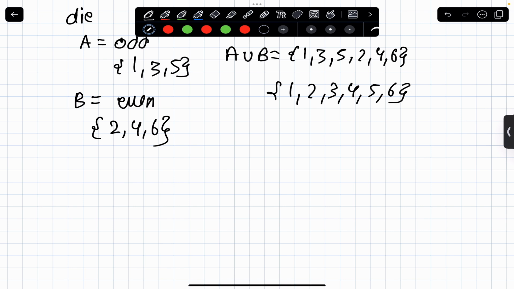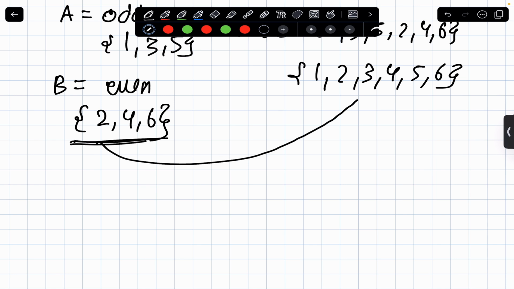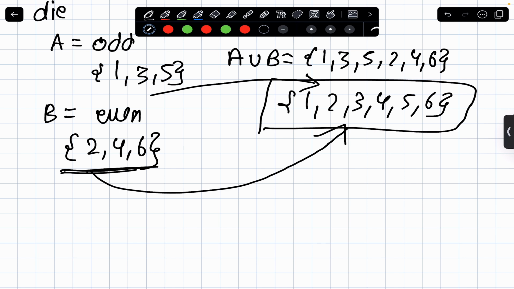If you see very precisely, this comes in it, and this also comes in it. So if we are finding the probability of A union B, we are also finding the probability of being even and being odd.